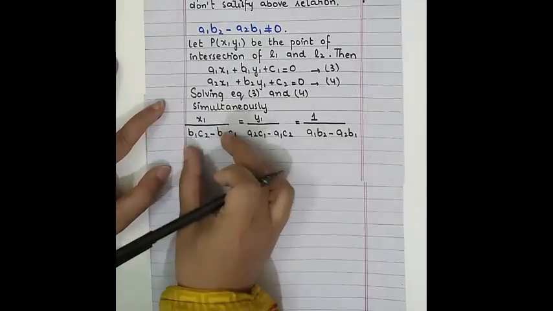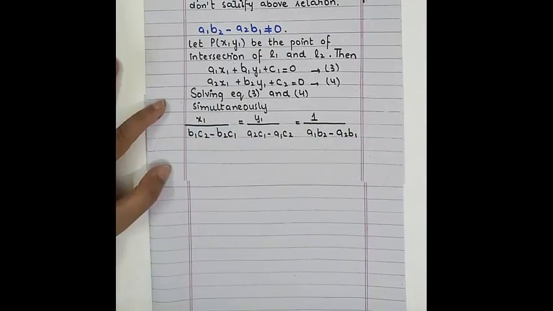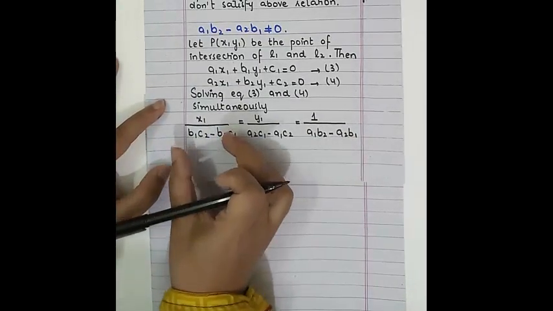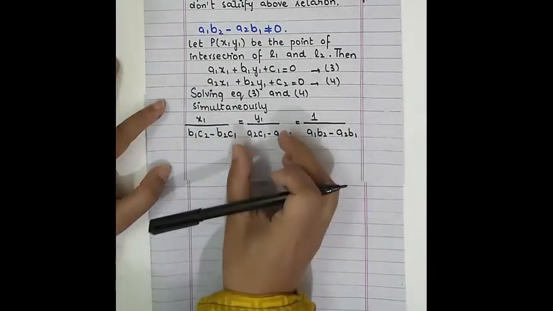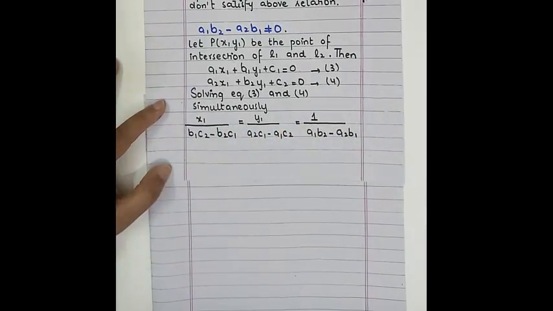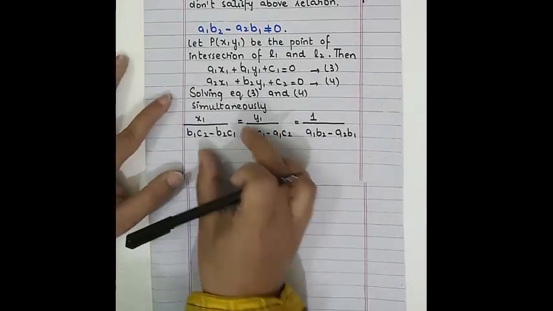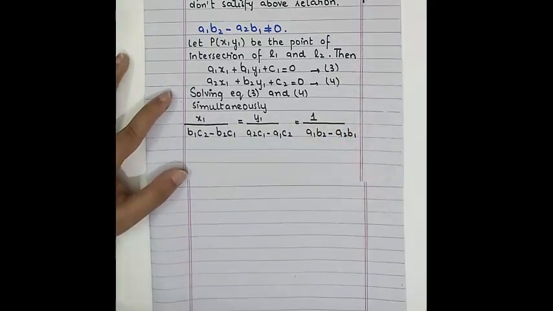Now these three terms are equal to each other. It means this x term is equal to this term, and also this y term is equal to this term. So we will write these two terms as equal to this term separately.